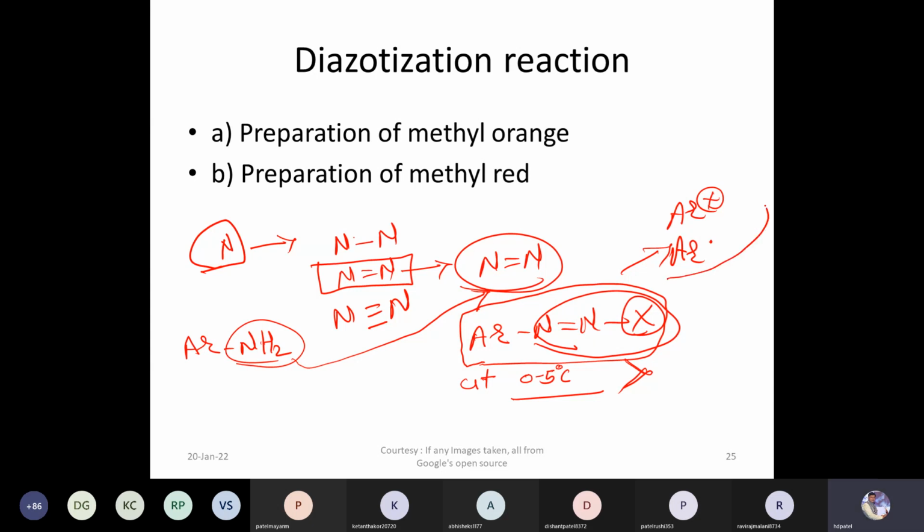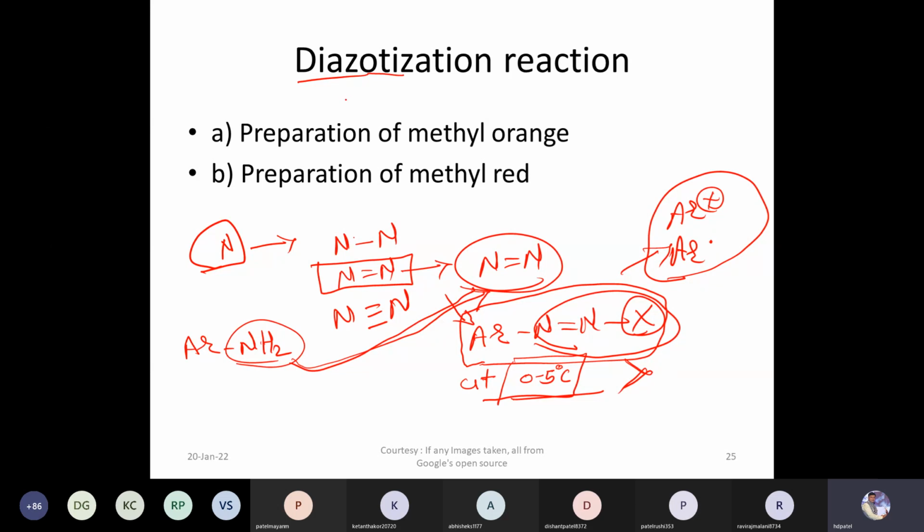So to avoid this issue, we have to carry out the diazotization reaction at 0 to 5 degrees centigrade only. During this reaction we are converting aromatic amine into N double bond N, that's why it is known as diazotization.